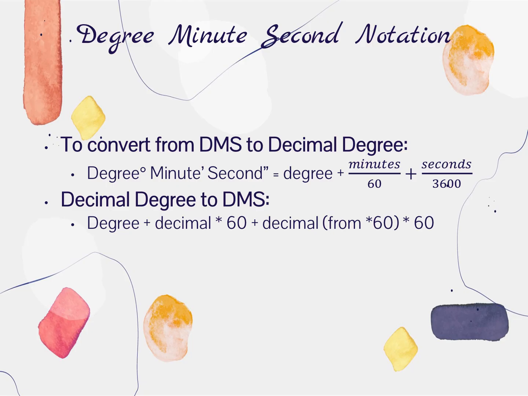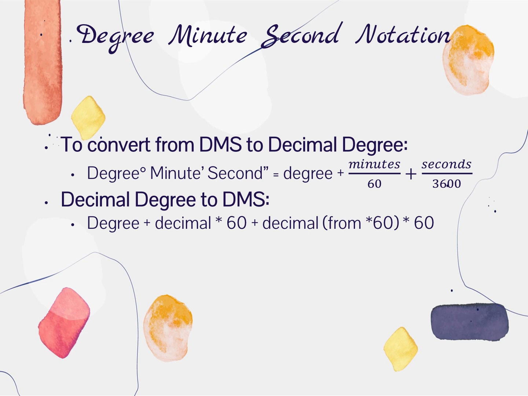We're going to talk about degree, minute, second notation. So when we want to convert from degrees, minutes, seconds, DMS, to a decimal degree, we're going to divide the minutes by 60 and the seconds by 3,600.